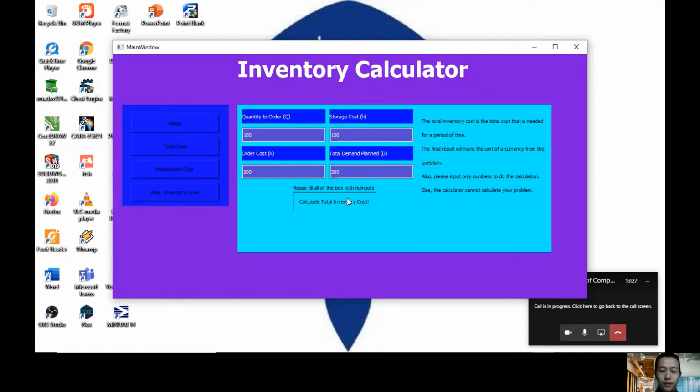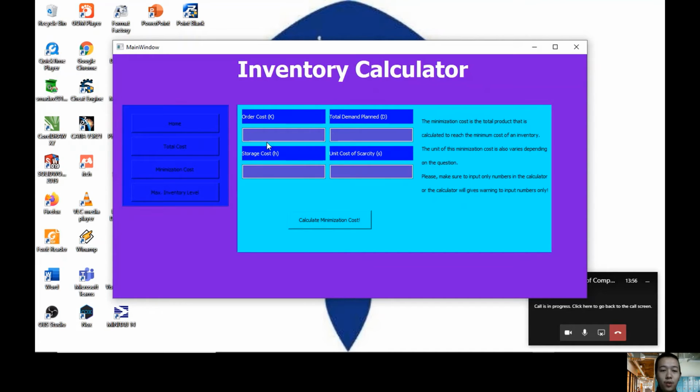And alphabet input, so there will be a warning. And the last is alphanumeric input, which will show a warning to fill all of the boxes with numbers only. So if you change it, then the result will appear.